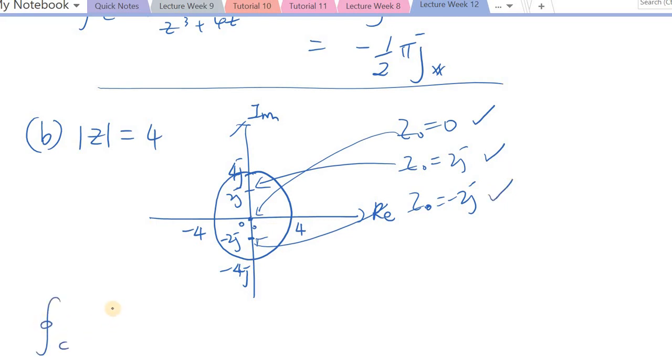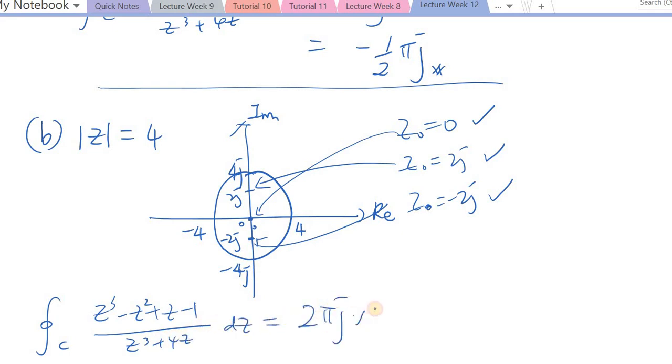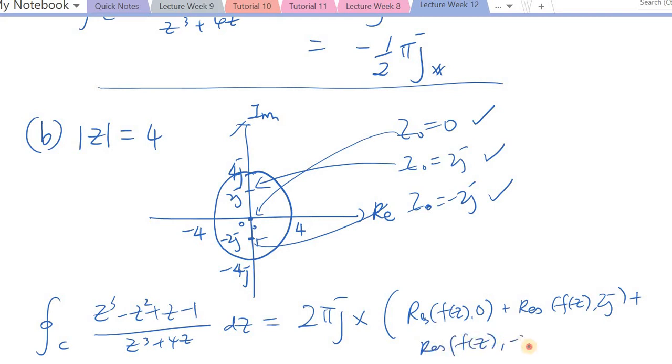So the integral of f(z) equals 2 pi j multiplied with the sum of the residues. You need to add up the residue of f(z) at 0, plus the residue of f(z) at 2j, as well as the residue of f(z) at negative 2j.